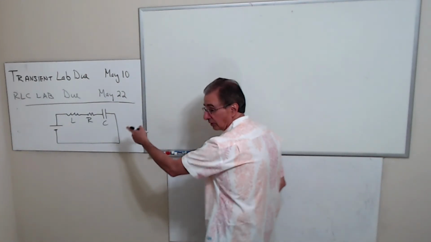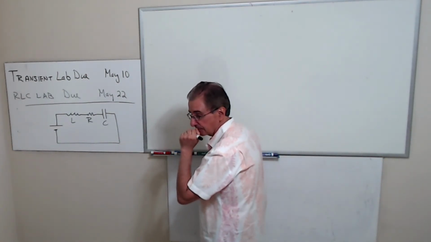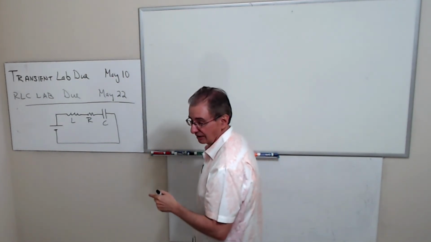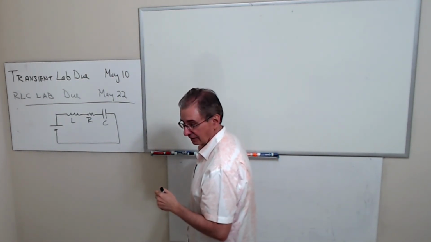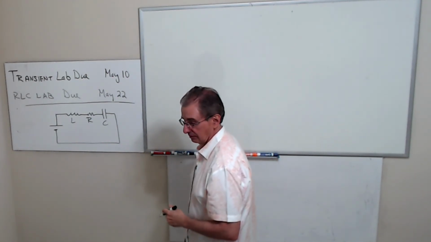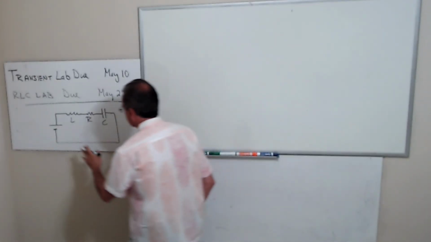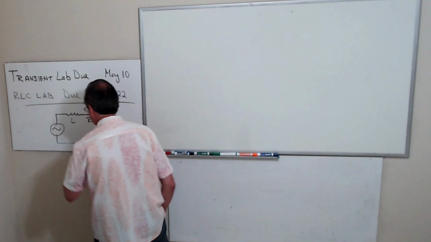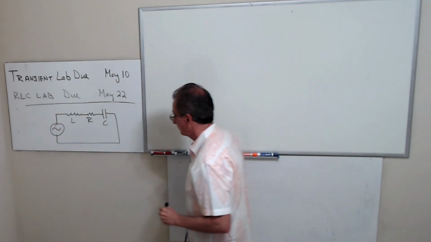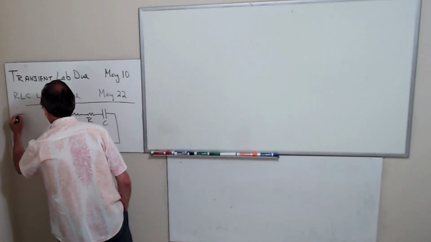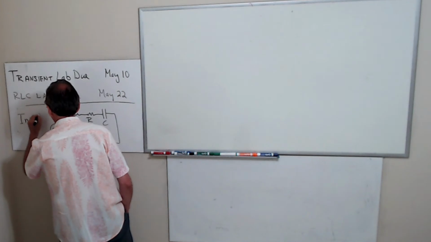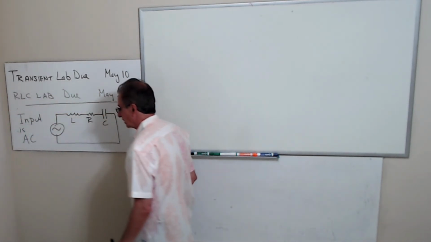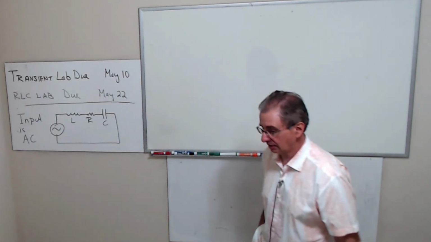So we're going to look at this circuit, but we're not going to use a square wave, and we're not going to use a battery. We're going to drive it with a sine wave. We're going to use an input that's AC.